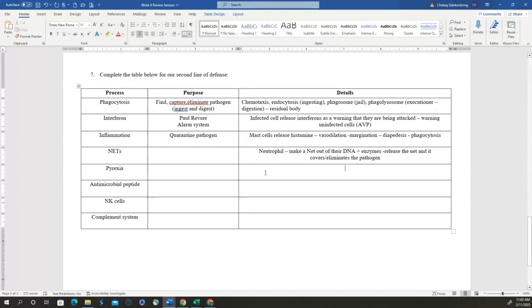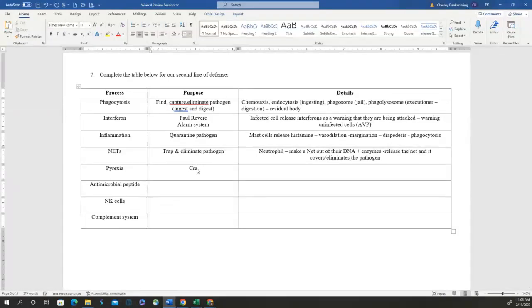All right, so pyrexia. Oh, sorry, I forgot the purpose here. Trap and eliminate. I like to use the word eliminate rather than kill, because if it's a virus or something, typically these are for bacteria and fungus. But I just try to use more neutral terms just in case.